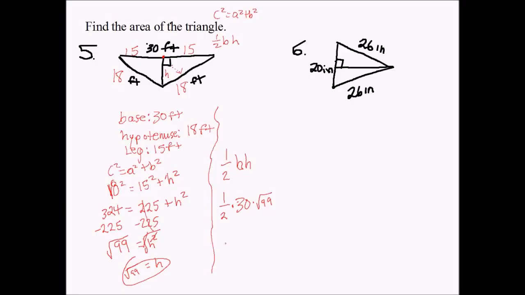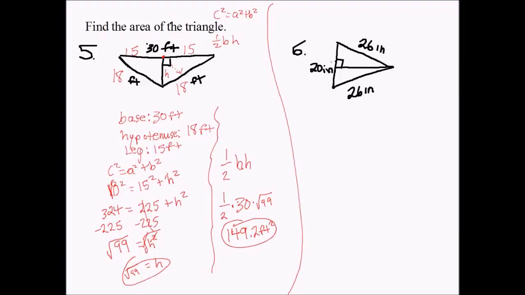So when you figure out all three of those things, which you already knew the base, and you had to figure out what h is, then you're going to figure out that this is going to be about 149.2 feet squared. So 149.2.